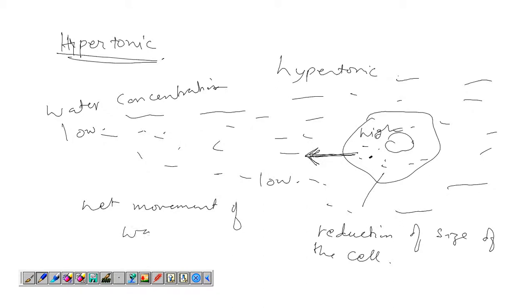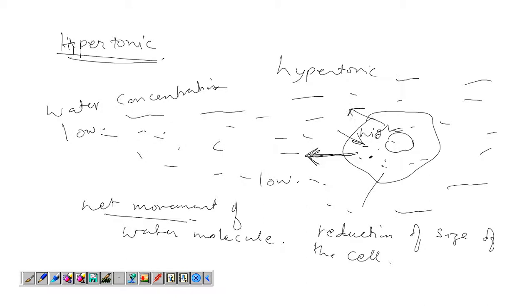Now, why every time do I use net movement? Earlier, in the video where we talked about diffusion, and even in this video on osmosis, I discussed that through the semi-permeable membrane there are movements taking place every time.